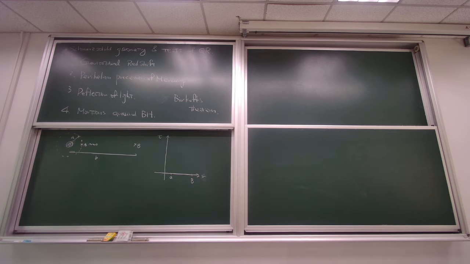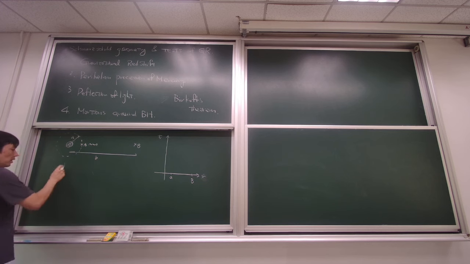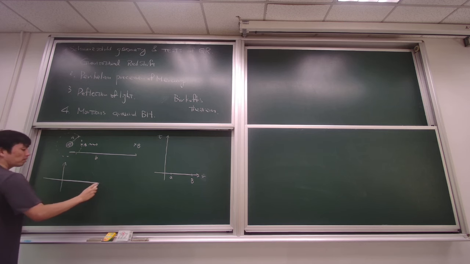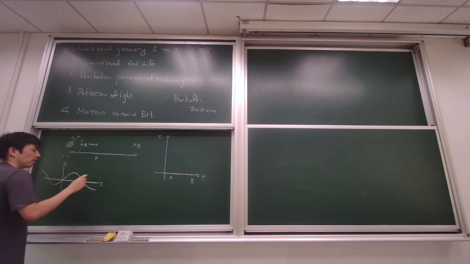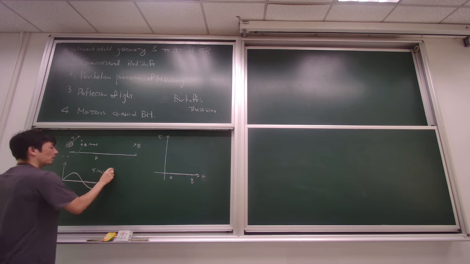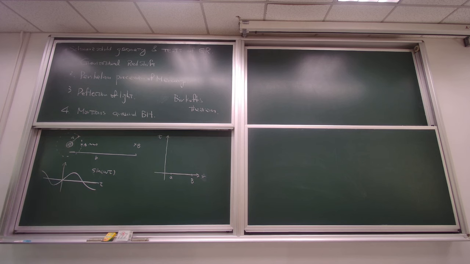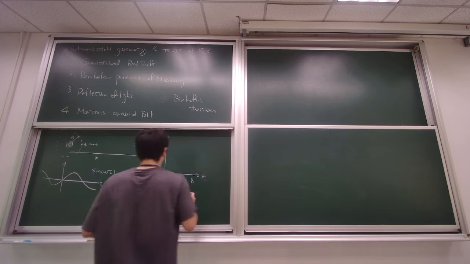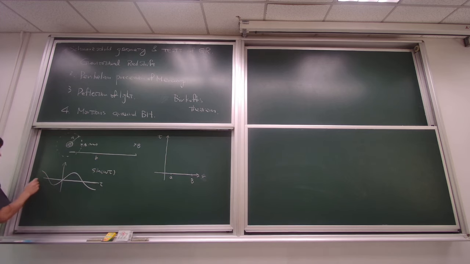Okay, so suppose the electromagnetic wave is like a sine wave or cosine wave, sine omega t. So you have a wave with frequency omega. Then what you can see is the period.